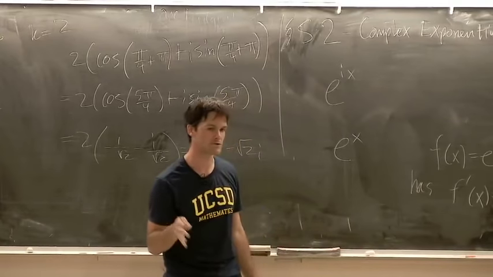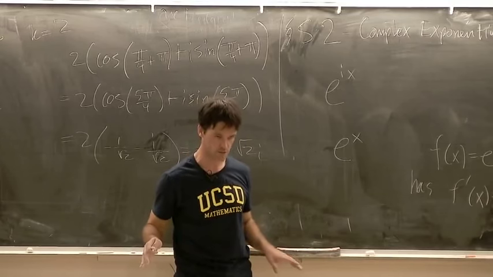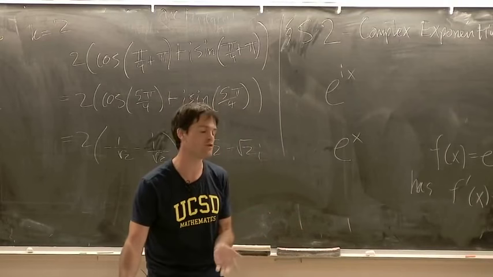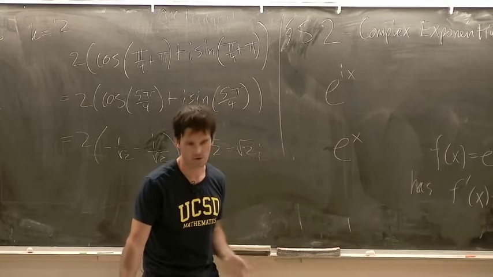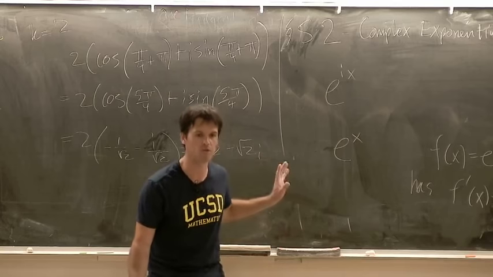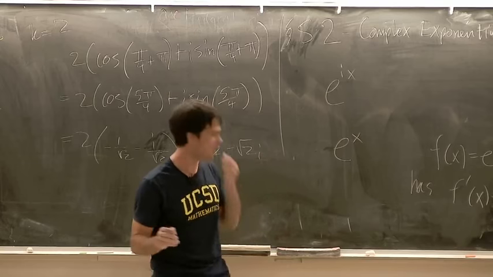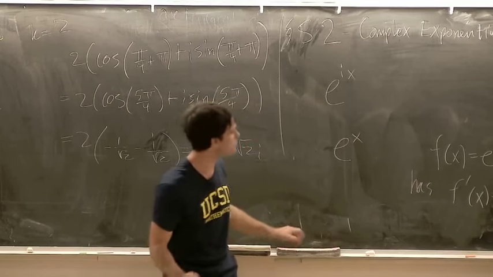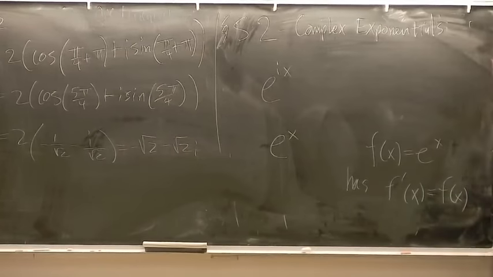All the same rules for exponentials that we already learned, right? We already learned all these exponent properties back when we took algebra or pre-calculus, and all of them need to still be true. So just knowing that actually tells you most of what you need to know about complex numbers.